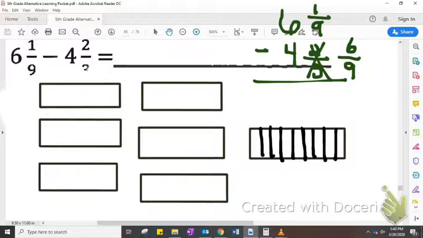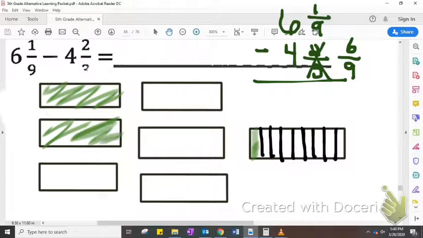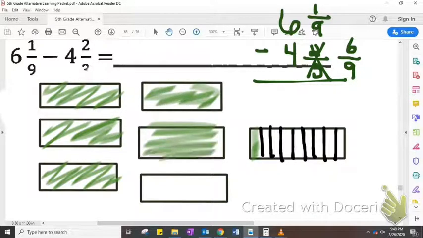All right, so 1, 2, 3, 4, 5, 6 1/9. Okay? So if we borrow from the 6, we can take one of these wholes and break it into ninths.